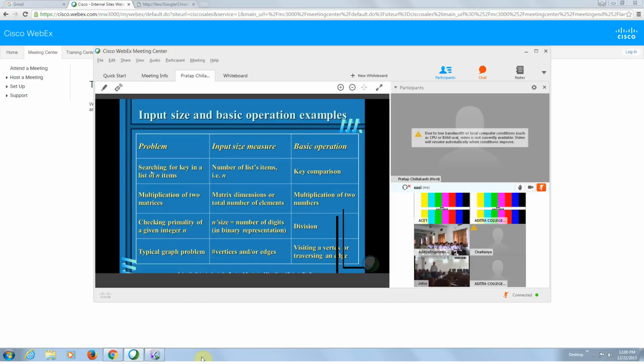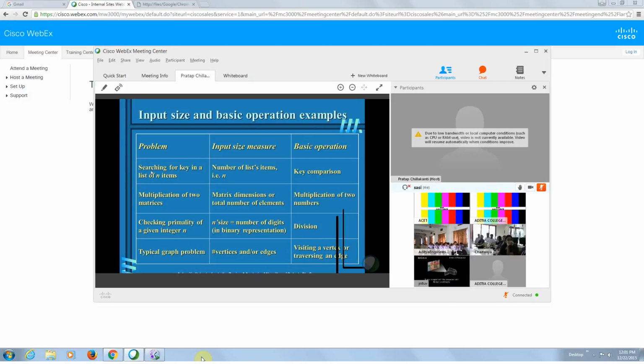Look at matrices. So, multiplication of two matrices. A matrix is nothing but a table, right? If I have an n-dimensional table, or the total number of elements.